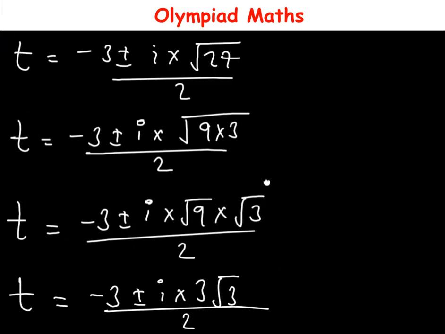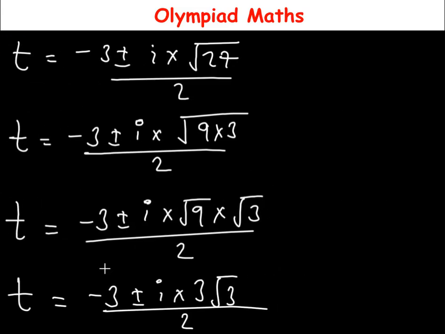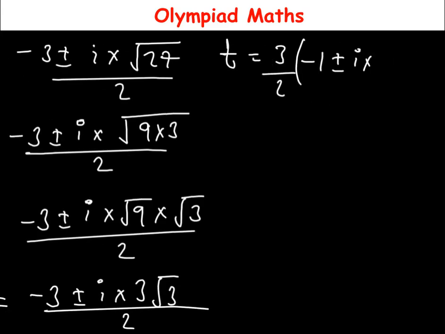So to solve for the value of t, if we bring out 3 over 2 from here, what we have is 3 over 2 into bracket, here becomes minus 1, then plus or minus i times root 3.